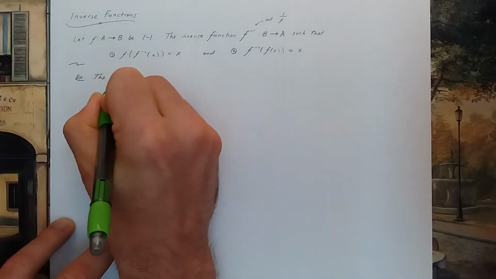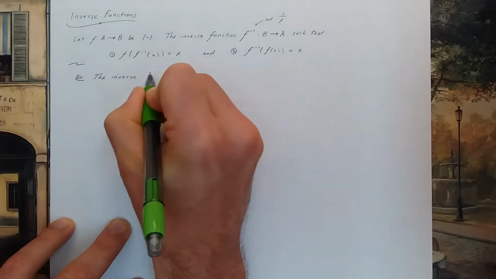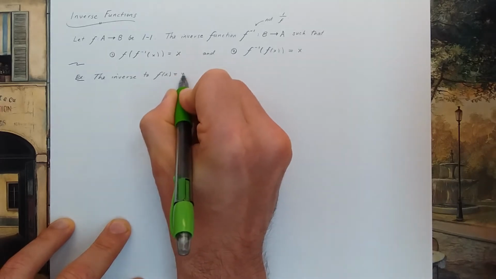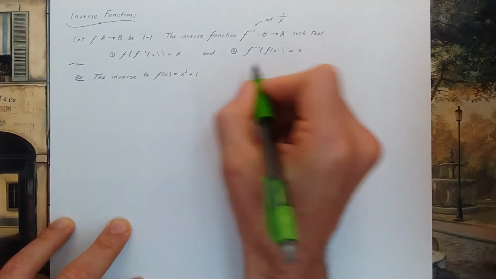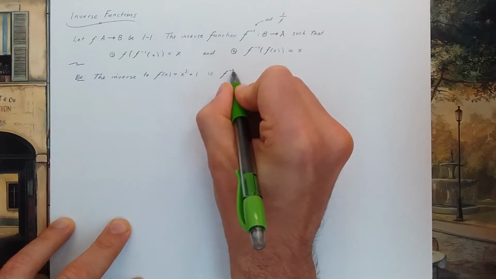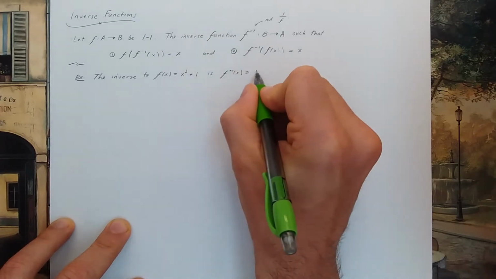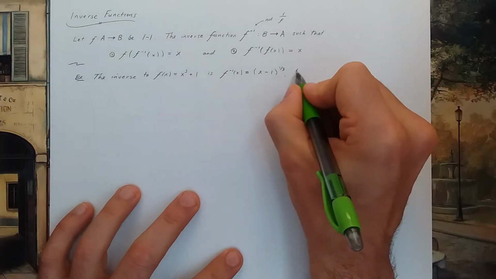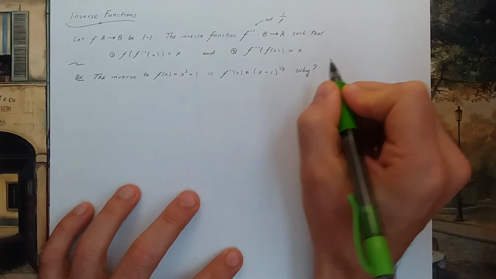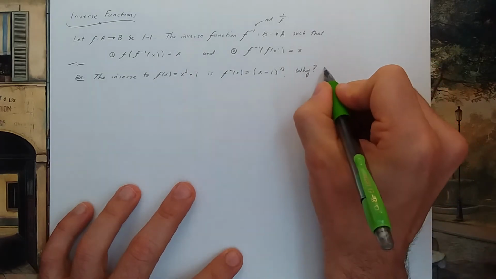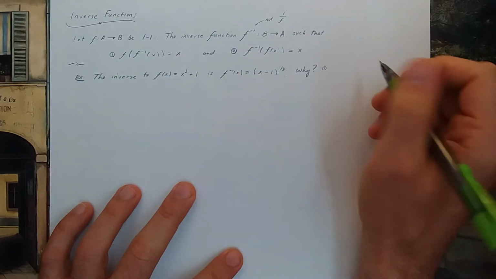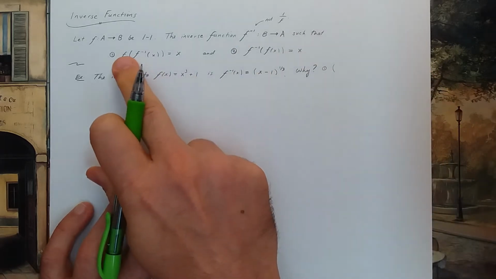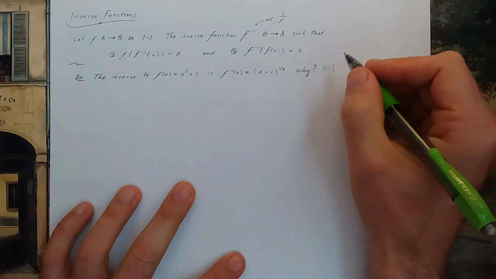So the inverse to f of x, which is x cubed plus 1, is f inverse of x, which I'm saying is (x minus 1) to the 1/3 power. It's easy to see why these two functions are inverses. You could just check condition 1 and condition 2. Condition 1 says, if I put f inverse inside of f, I should get back x.